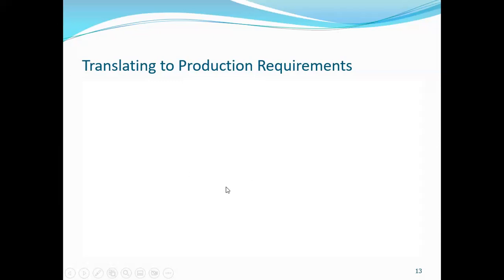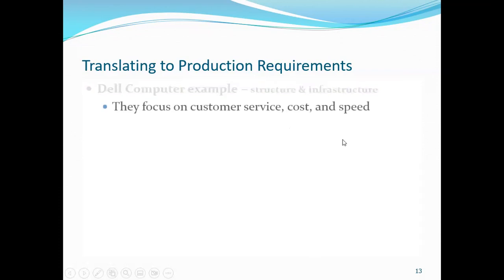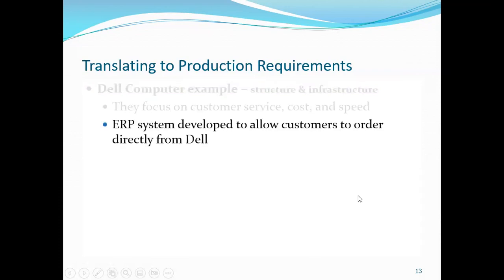Okay, so to production requirement. For example, the Dell computer: based on what they are focusing on, what's the structure or infrastructure we have to look at? For them, they use the ERP system so that customers can order directly from Dell. I don't know if you guys have ever placed an order with Dell.